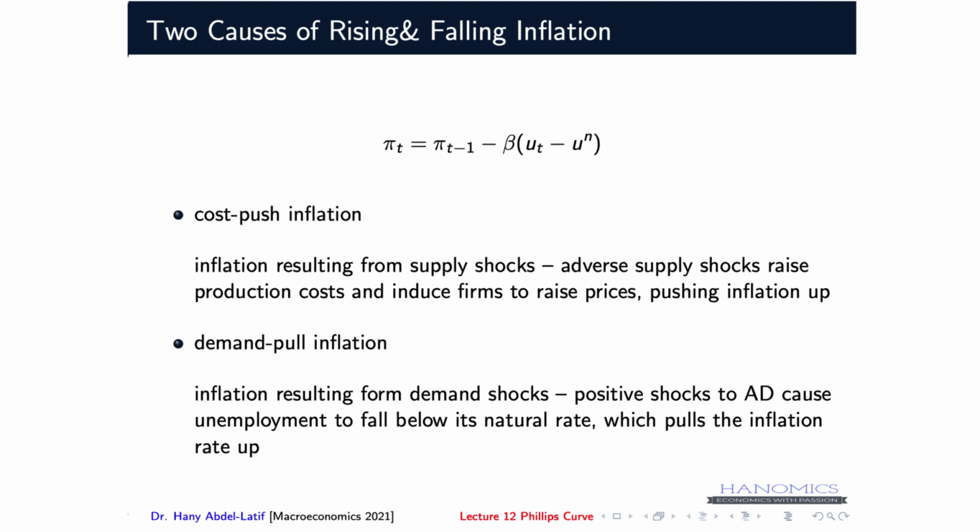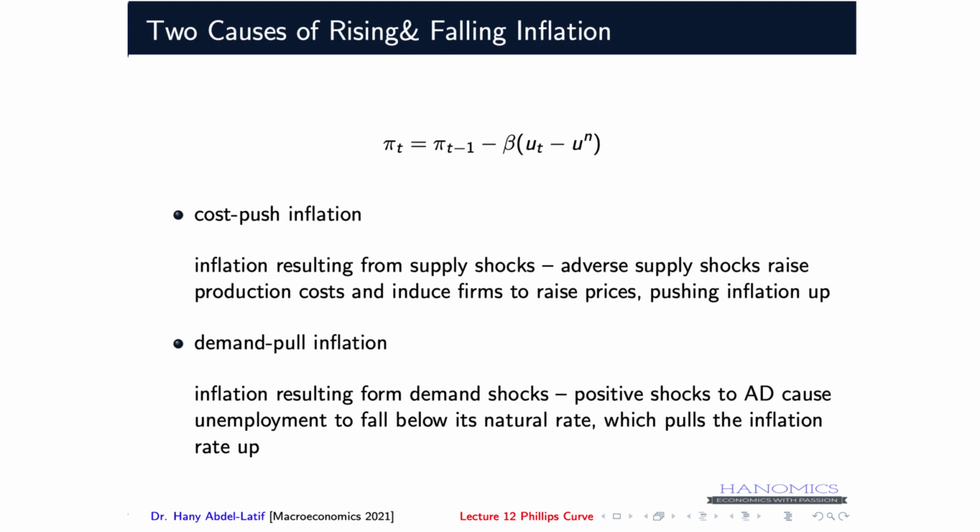The other one is demand-pull inflation. According to this, inflation results from positive demand shocks. If, for whatever reason, the aggregate demand curve shifts to the right, the unemployment rate will fall below its natural rate.